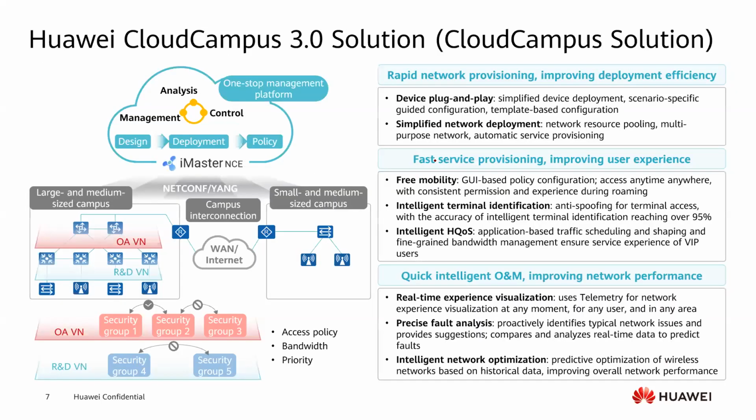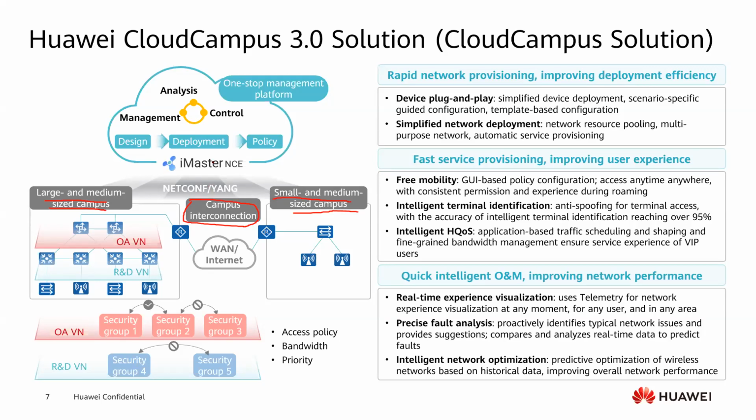So this is our cloud campus solution, and it can meet three kinds of campus scenarios. One is the large and medium-sized campus, another is the small and medium-sized campus, and it can also meet the requirement for campus interconnection, just like SD-WAN.